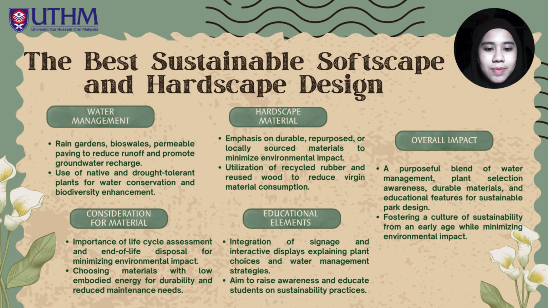Utilization of recycled rubber and reused wood to reduce building material transitions. Third, consideration for material. Importance of life cycle assessment and end-of-life disposal for minimizing environmental impact. Choosing material with a low embodied energy footprint and reduced maintenance.